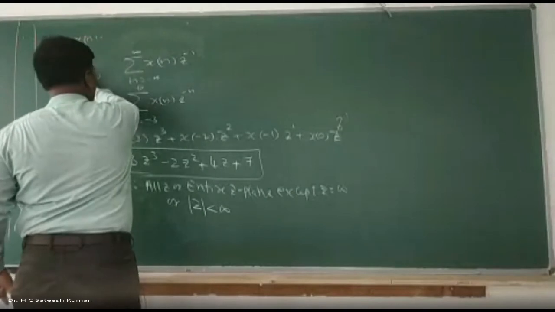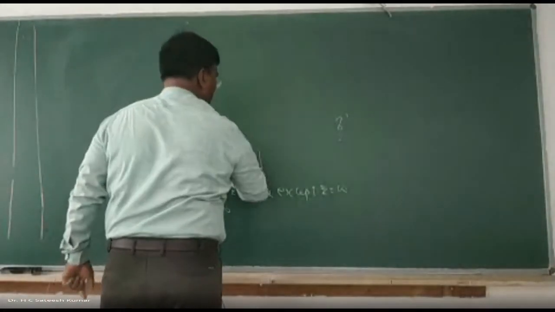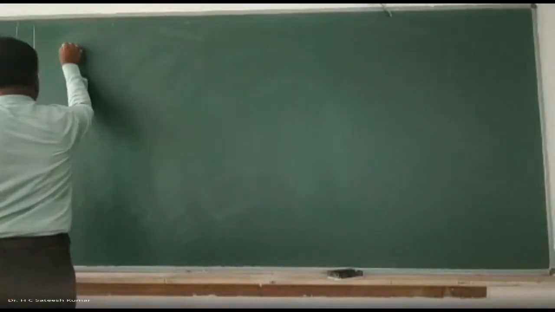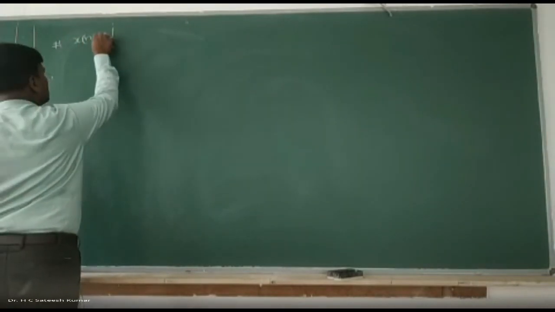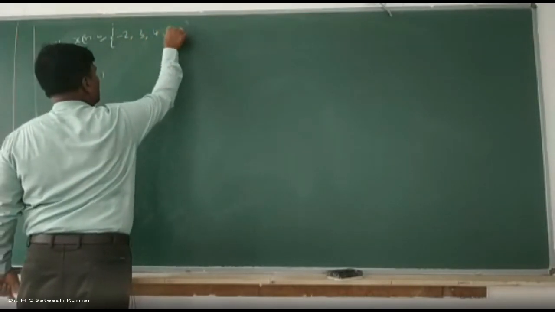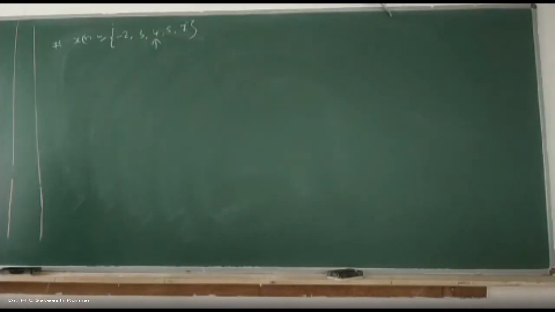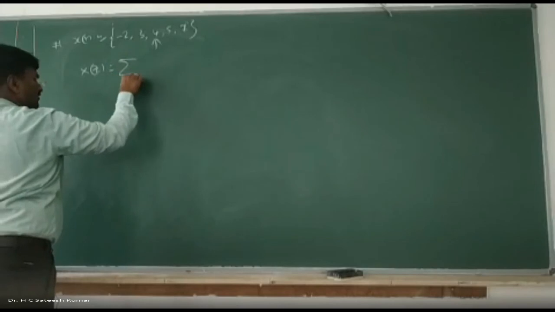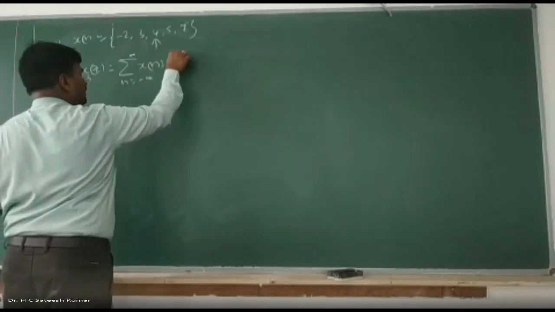Now let us take up another problem. X of n is equal to minus 2, 3, 4, 5, 7, with an arrow mark here. Same definition: X of Z is equal to summation n varies from minus infinity to plus infinity of X of n into Z to the power of minus n.